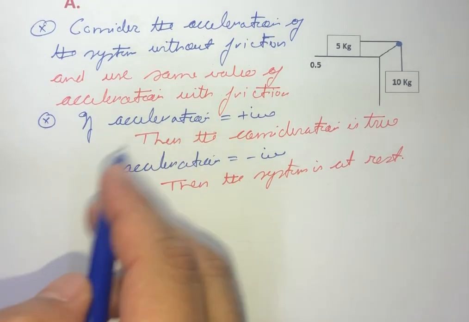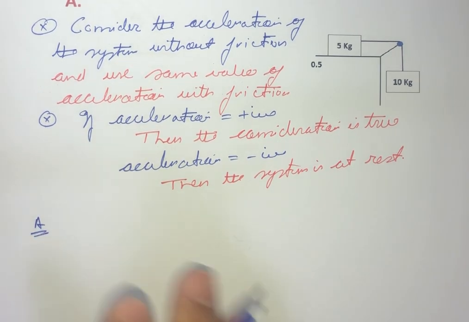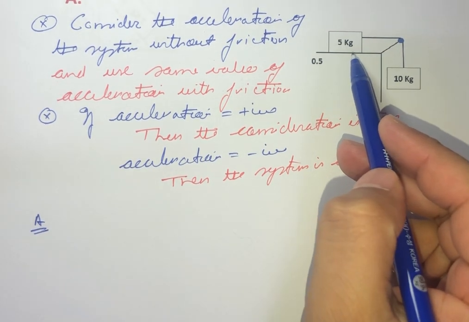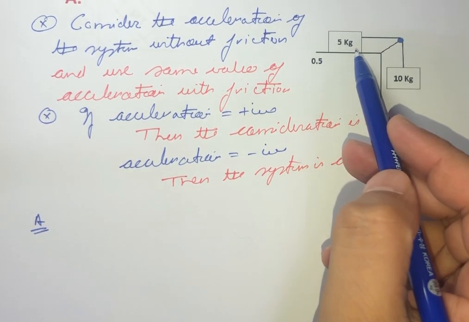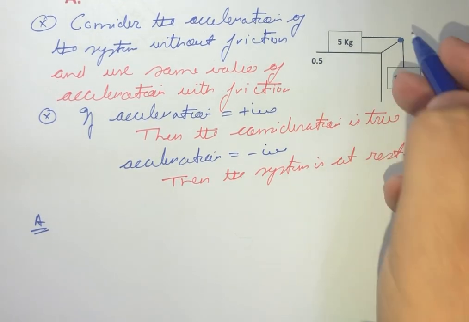So let us start with question A. It is given that there is a 5 kg block and a 10 kg block, and the friction coefficient is 0.5.